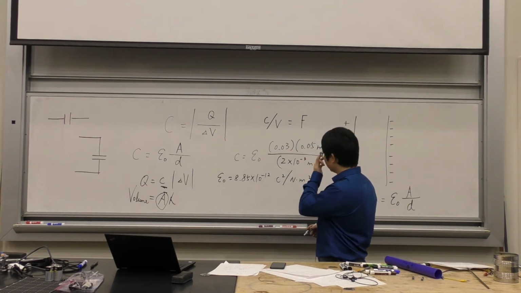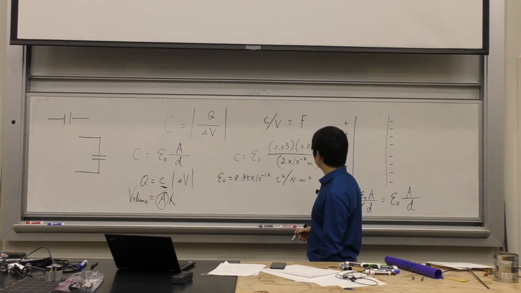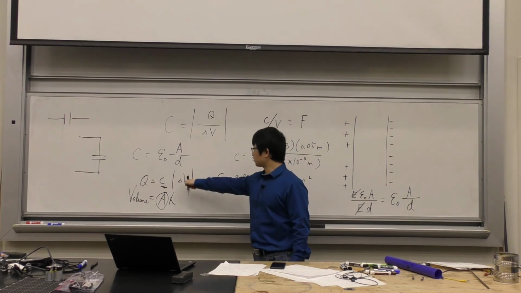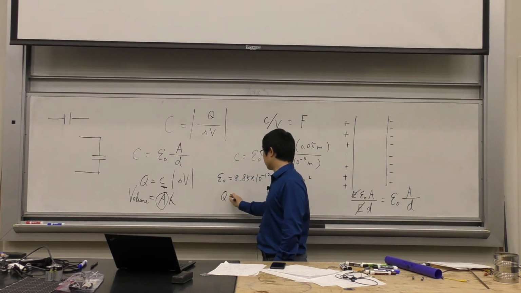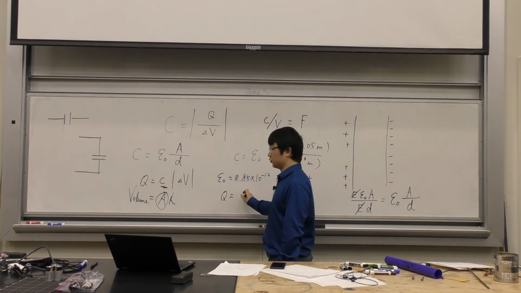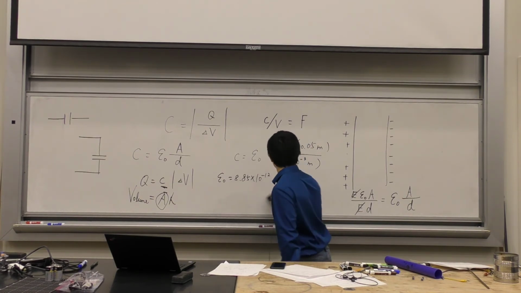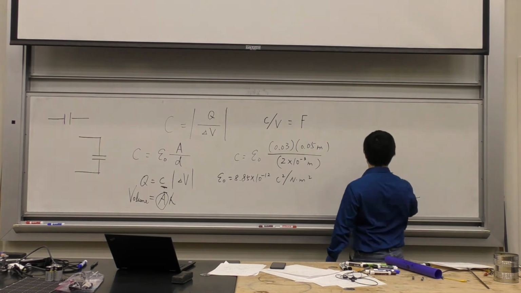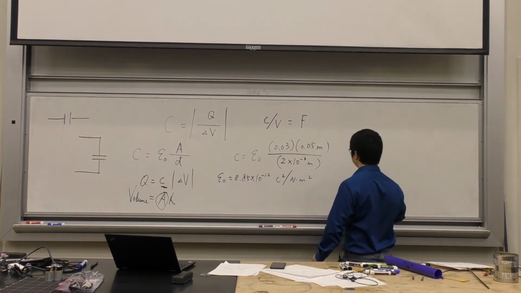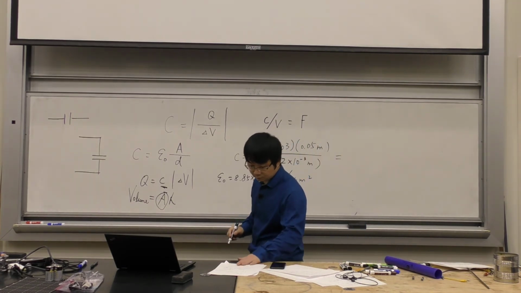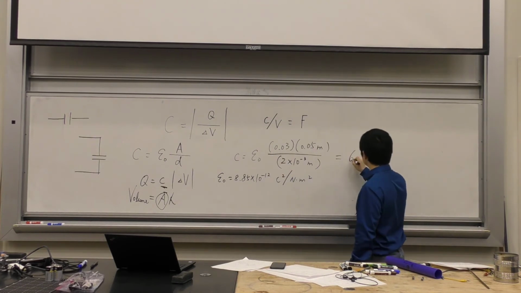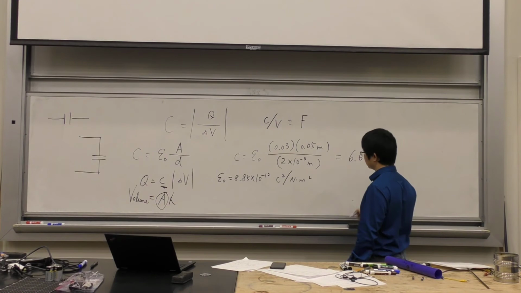Then you use this C multiplied by the voltage, the potential difference. The C I got, if I put all the numbers in, is 6.64 times 10 to the negative 12 farad, okay?